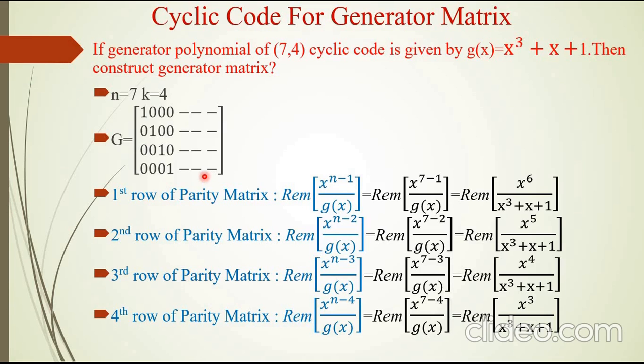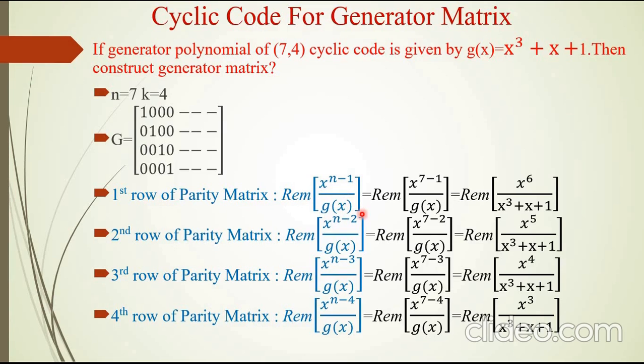So to identify the first row of parity matrix, we know the basic formula of parity matrix. The first row of the parity matrix formula is remainder of x to the power n minus 1 divided by g(x).